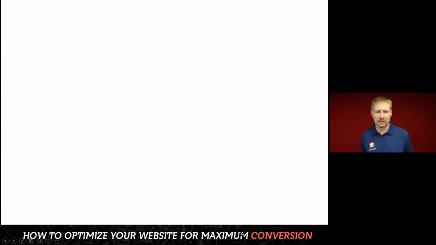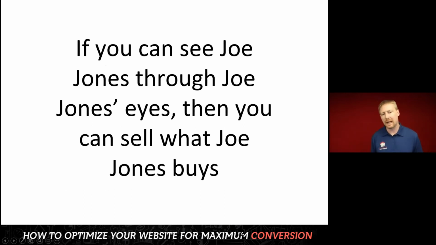So now let's talk a little bit about, and we could go back to your websites in a bit too and look at this stuff, but it's kind of a saying: if you could see through Joe Jones' eyes, then you can sell what Joe Jones buys, right? So we want to make sure that we're dialed in and focused on what our ideal customer is looking for.